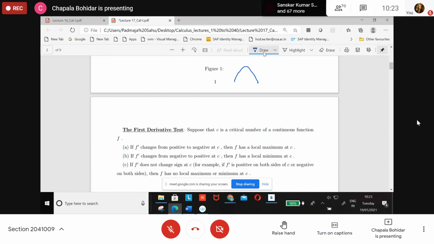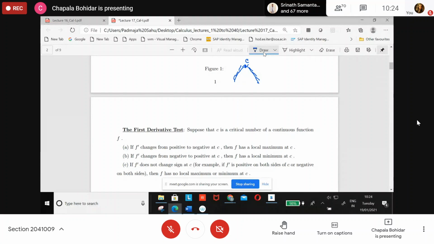I already told you this part, how you are getting the local maximum and local minimum. So if f dash changes from positive to negative at c, then f has a local maximum at c.